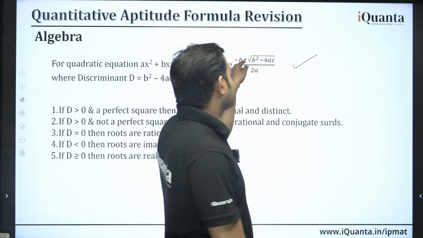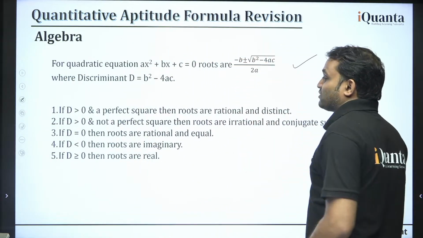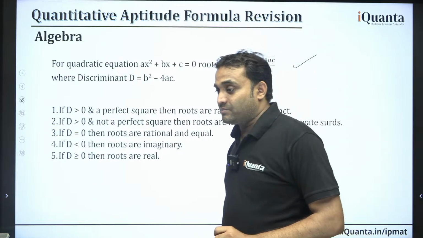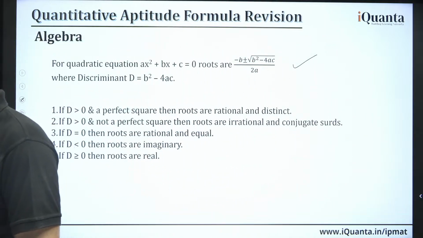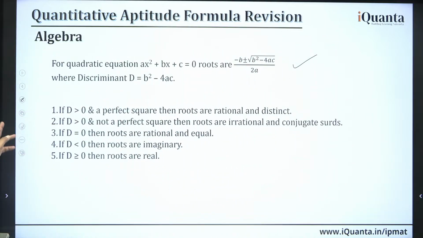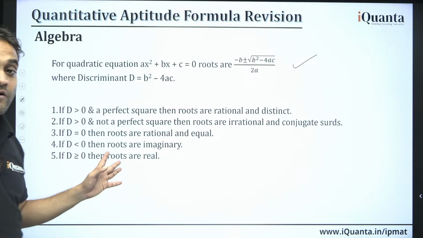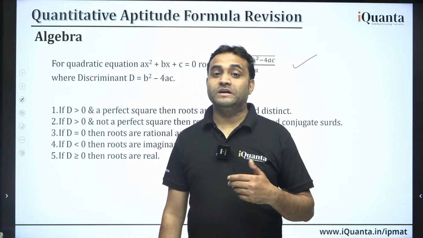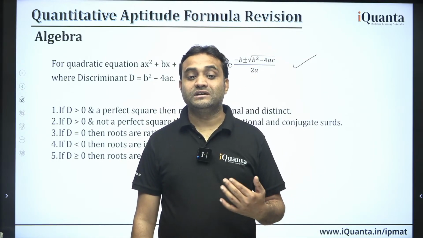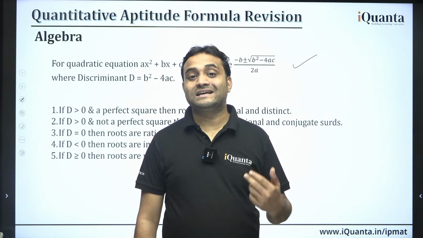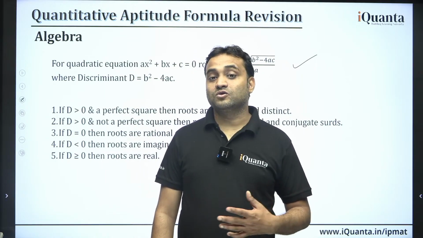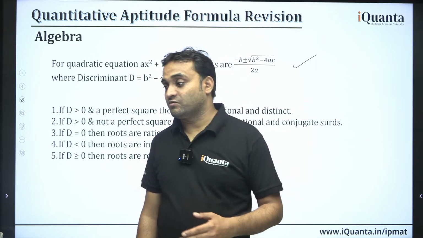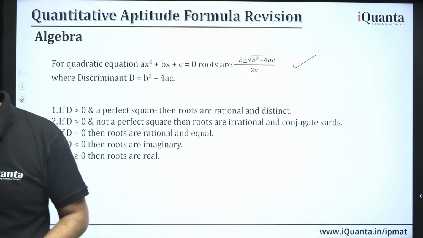Now this b square minus 4ac is under the square root, and because of that we can talk about the nature of roots. Nature of roots means roots will be real, imaginary, or equal, rational, irrational. What do we know about discriminants so that those are possible?